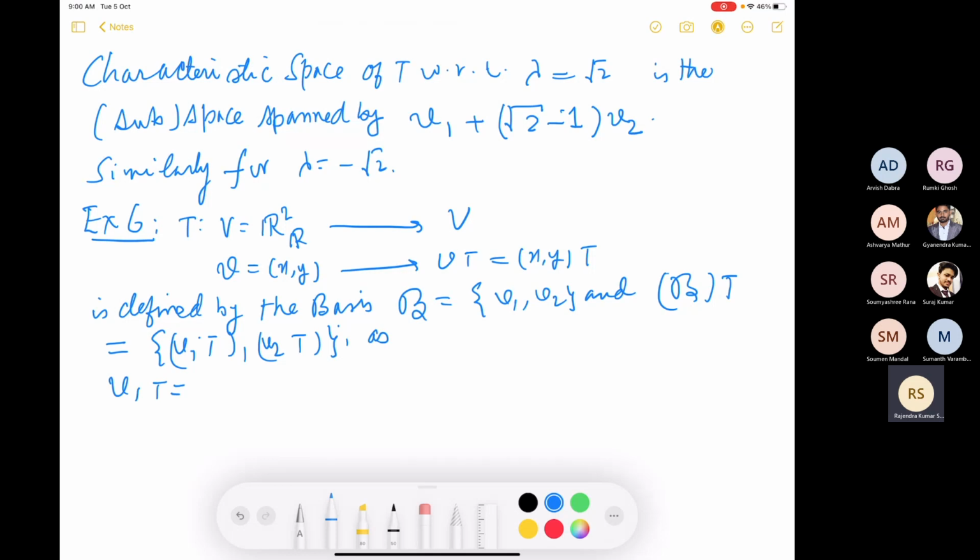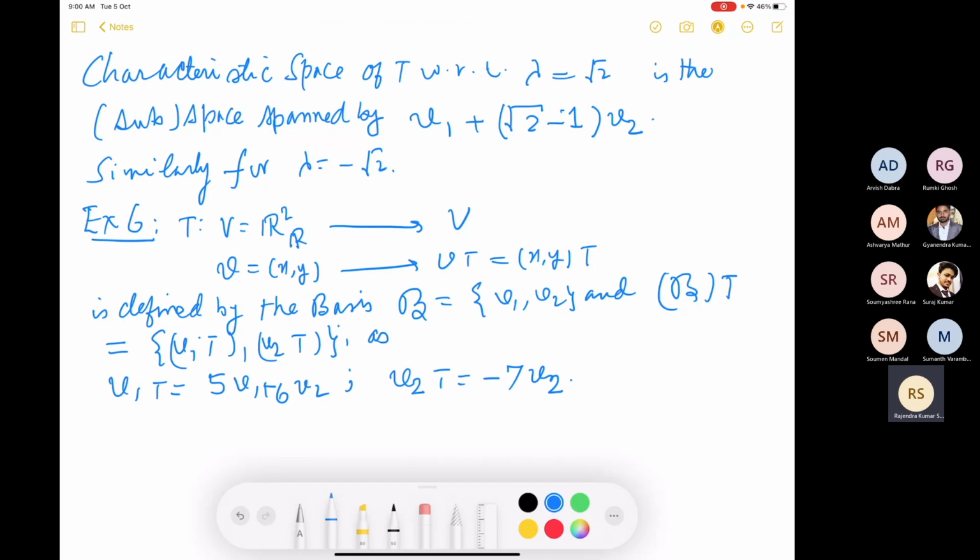So v1T, let us take this as 5 v1 plus 6 v2, and v2T is defined as minus 7 v2.